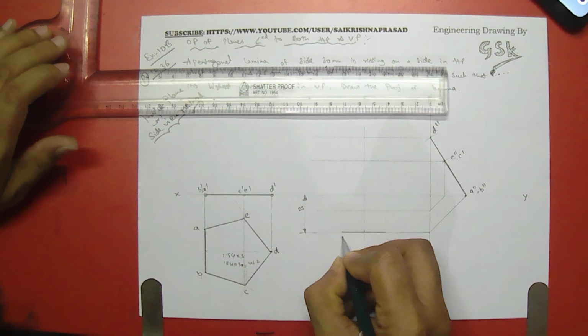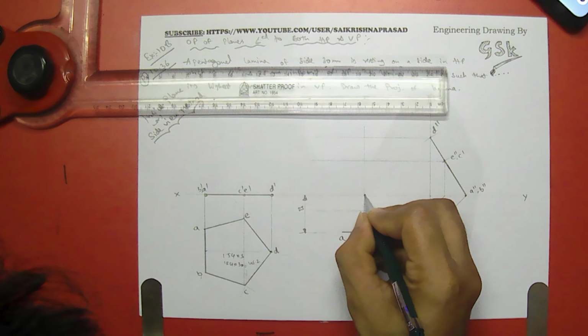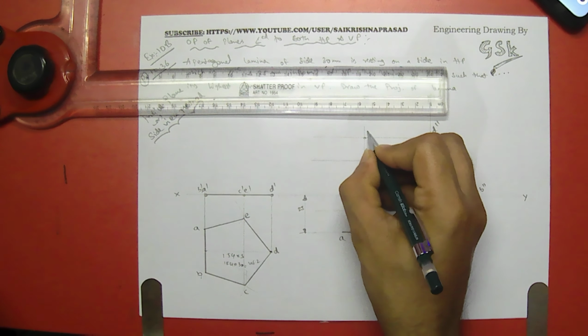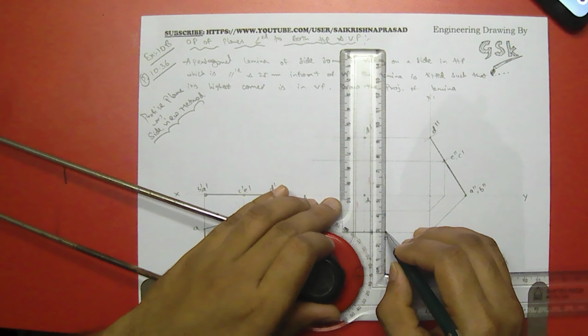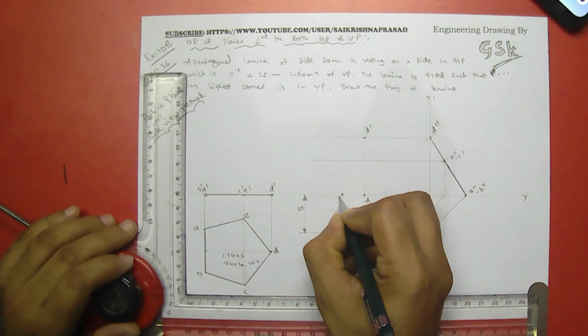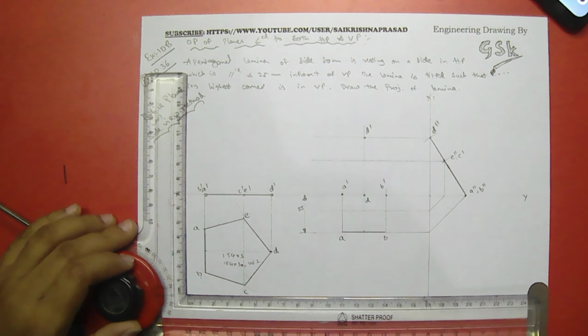This is A, this is B, and this would become D, and this would become D dash, and when I project this up, this would become A dash, and this would become B dash.